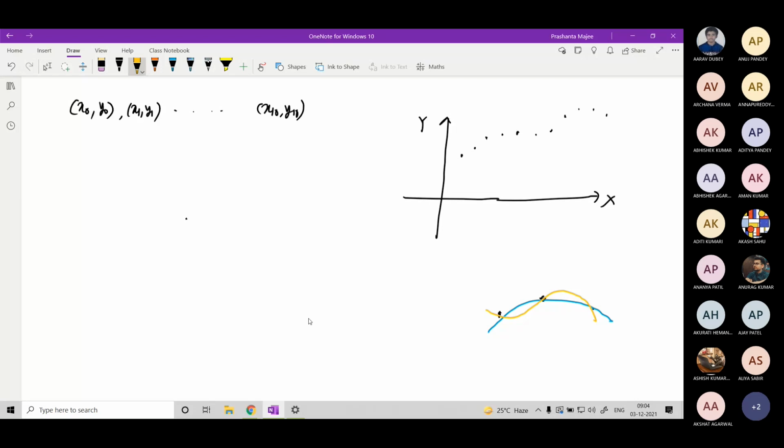To make the process unique, the restriction is: if the data points are n plus 1, then you will interpolate the data points by a polynomial of at most degree n. With at most degree n, the polynomial you pass will be unique, so the same polynomial will result for everybody. That is what I am going to discuss.